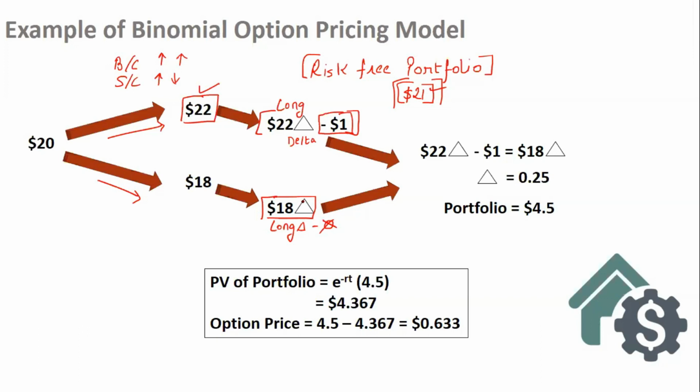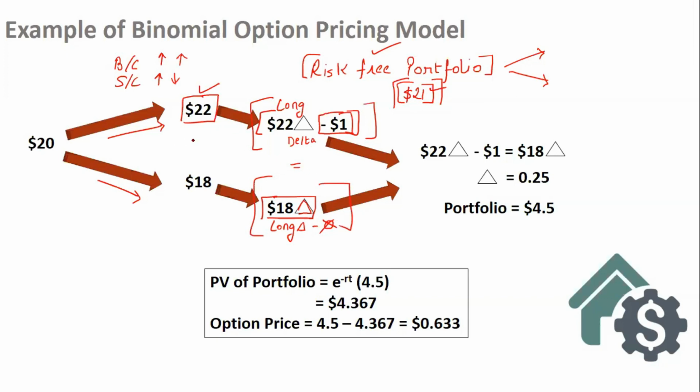So now you have to find the value of delta. And how are we going to find it? Since we are talking about a risk-free portfolio, that means we are making an assumption that whether the market prices go up or market prices go down, it is not going to affect us because our portfolio is risk-free. That means this should be equal to this.